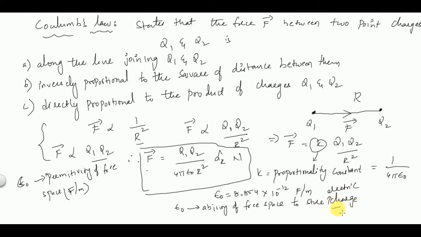So the ability of free space to store electric charge is represented by epsilon naught, called the permittivity of free space, and its value is 8.854 into 10 to the power of minus 12 farad per meter. So 1 by 4 pi epsilon naught is given by 9 into 10 to the power of 9 meter per farad.